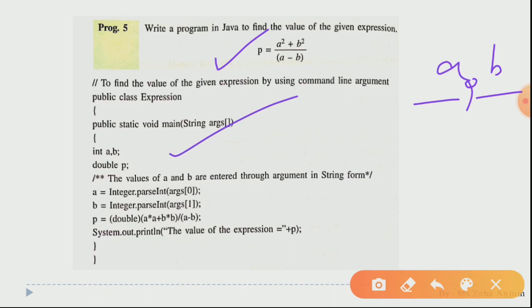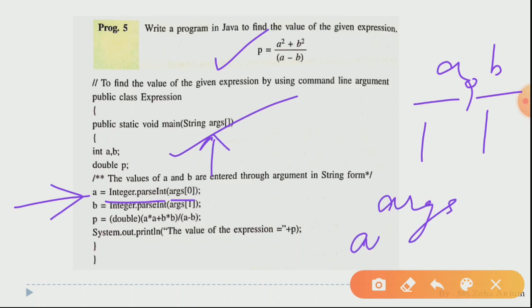Yes, double p we have already initialized. Now see, two numbers we need, a and b. For the first one integer we need na, so Integer.parseInt(args[0]). Why args, because over here we have used args. Now it is not mandatory कि आप args ही use करोगे. You can use arg, you can use erg, you can use any variable, depends on you.